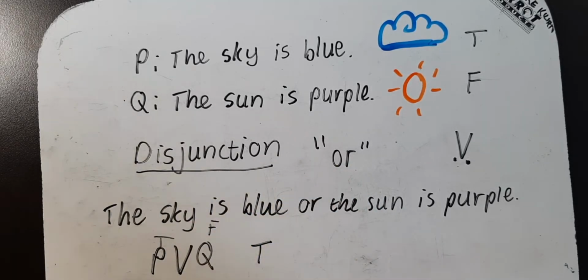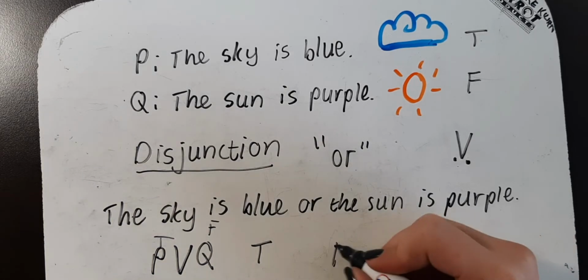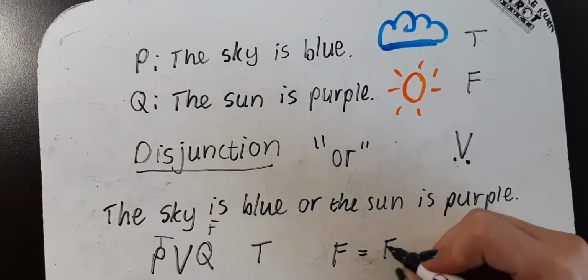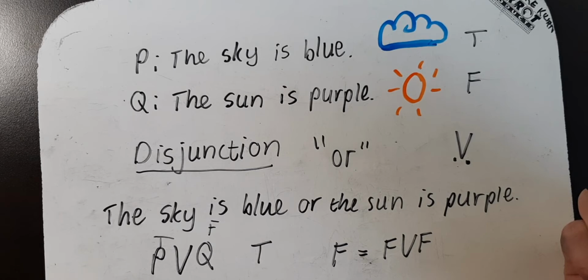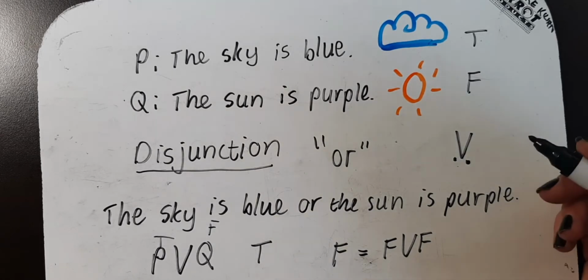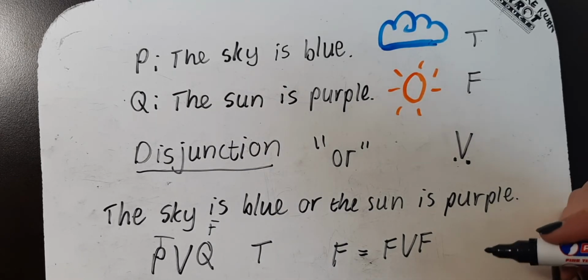But we can choose either the one or the other one. So we can choose the P, which is true. So therefore it is true. A disjunction is only false when both of them are false. If both of them are true, then it is true. If only one of them is true, then it is also true.